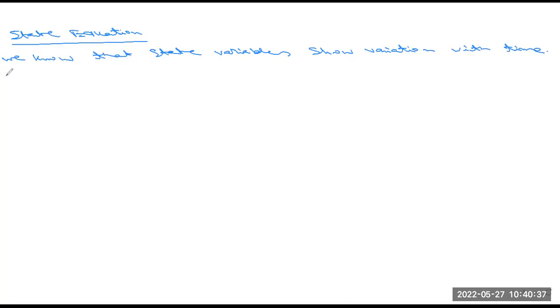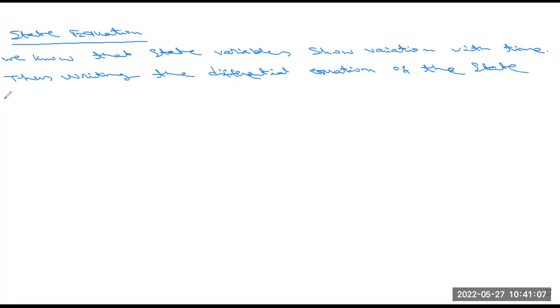So thus, writing the differential equation of the state variable, we will have the differential equations.